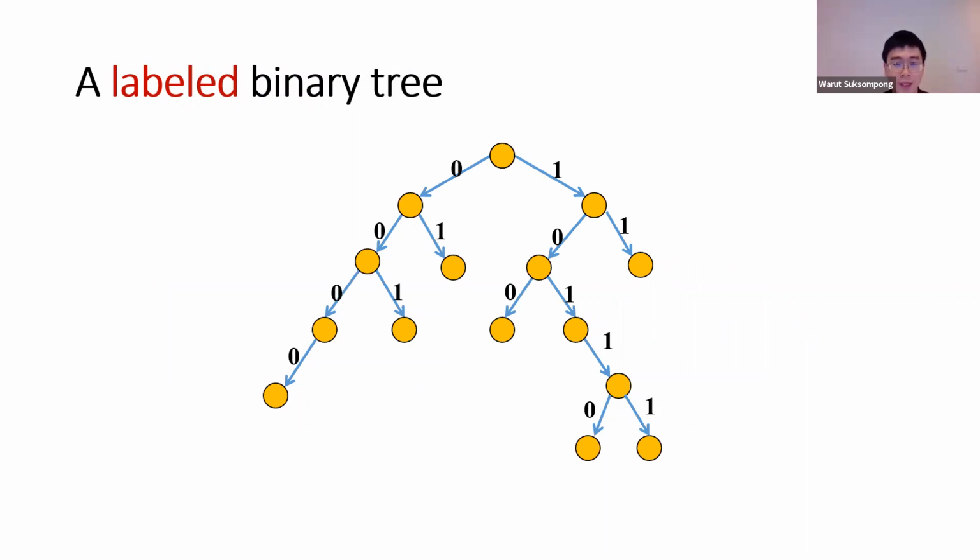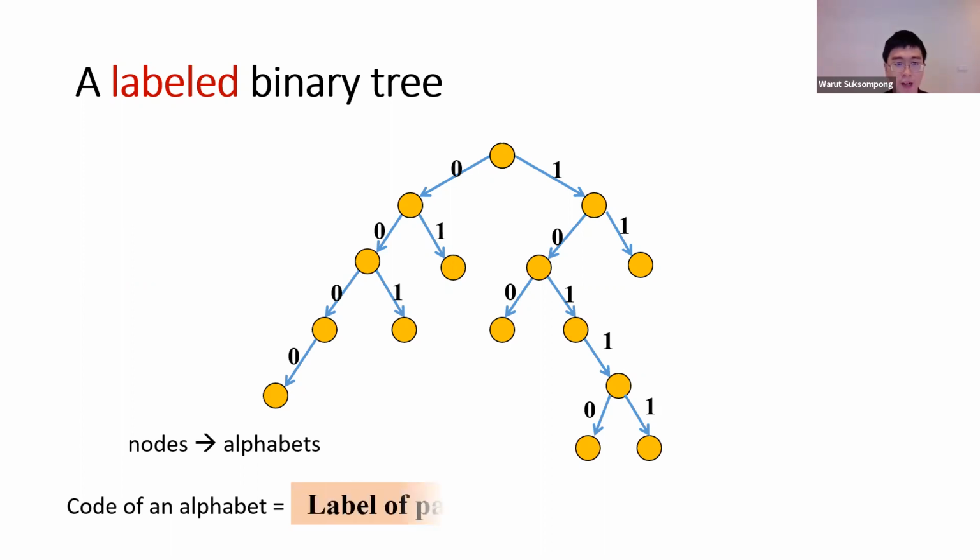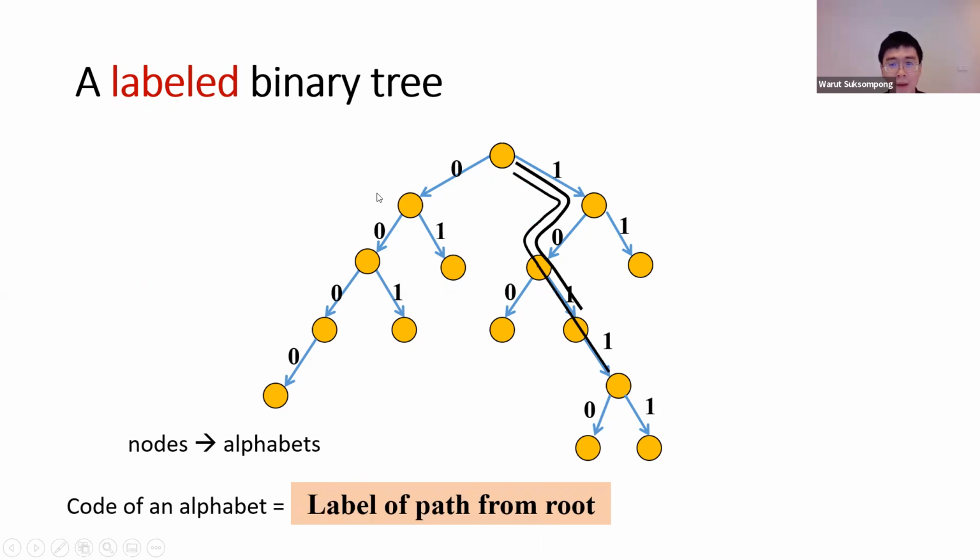Going down from the top, you can take the route of 0 or the route of 1. The nodes correspond to the alphabet, and the code of a letter is what you get by following down the tree from the root until you reach that letter's node. So it's the label of the path from the root to the node of that letter. Like this one would be 101, this would be 1011.